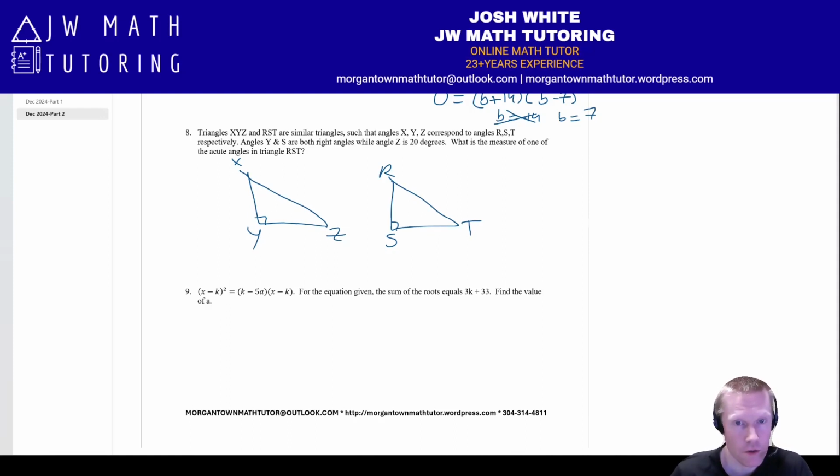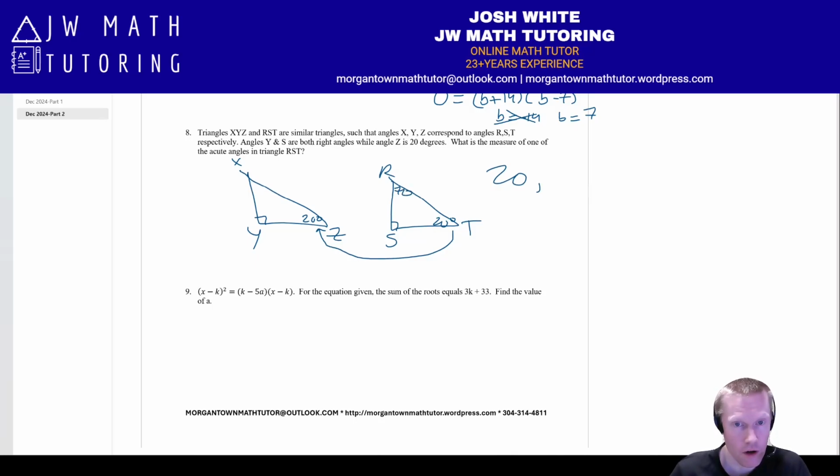All right, we know that angle z is 20 degrees, and it wants to know what's the measure of one of the acute angles in triangle RST. So basically, angle T is going to be 20 because it has to be congruent to angle Z since the triangles are similar. So one possible answer is 20.